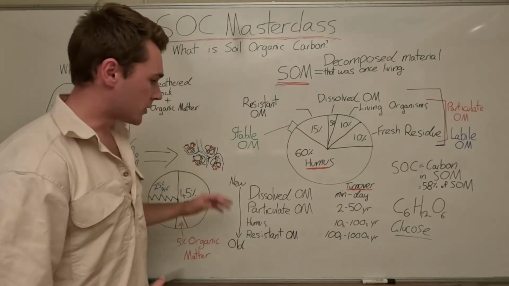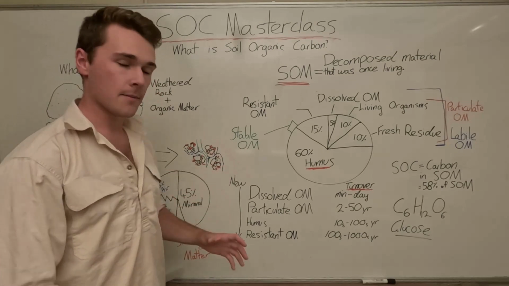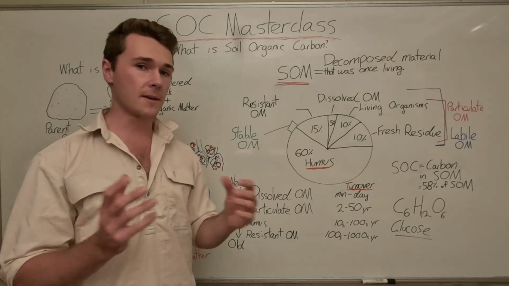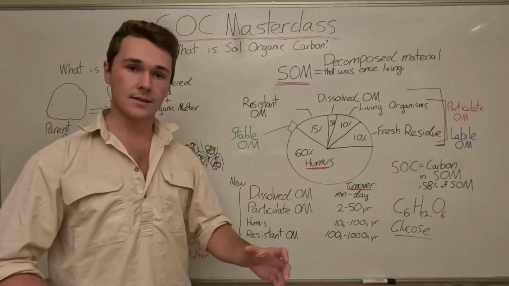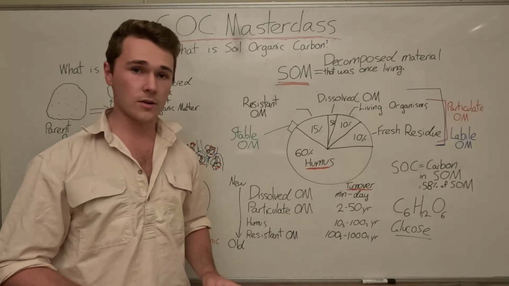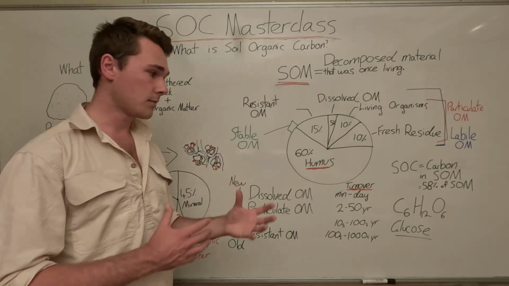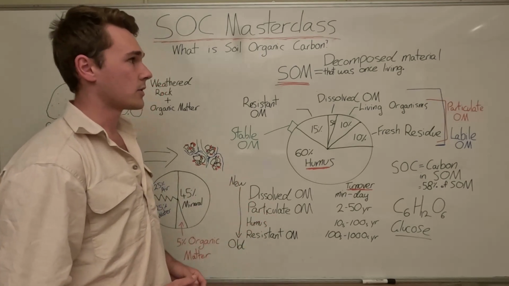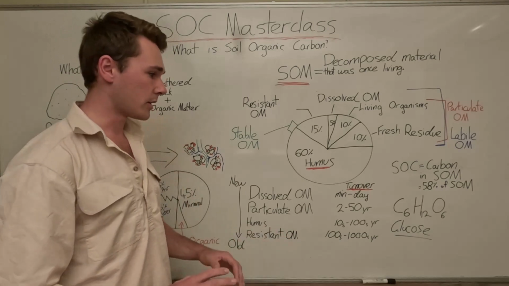So as I was talking about before, turnover, effectively our dissolved organic matter has the fastest turnover. It's super easy to be used by our microbes. It's only in our soil for minutes to days, very quick turnover, which means we need to be replacing this every day for our plants, which is so important to have roots in our soil all the time throughout the whole year.